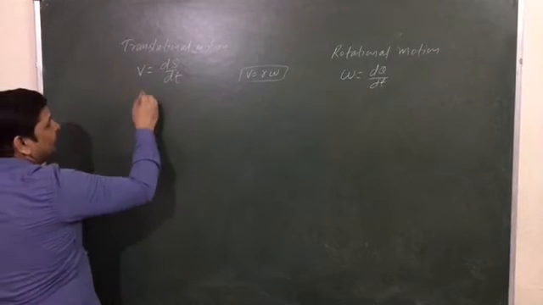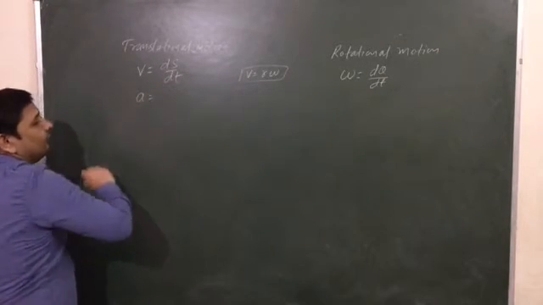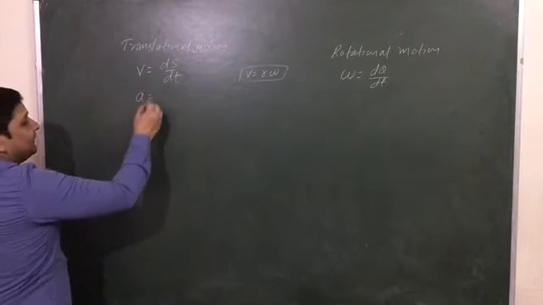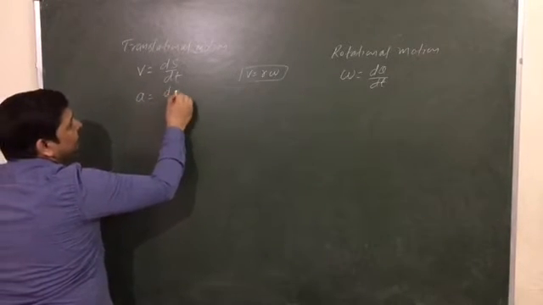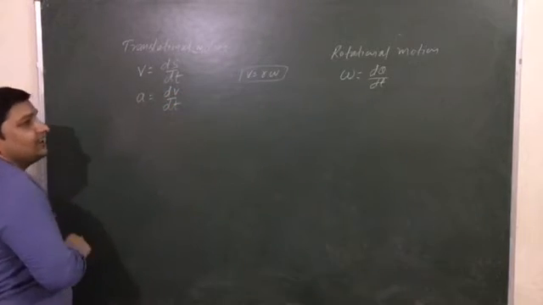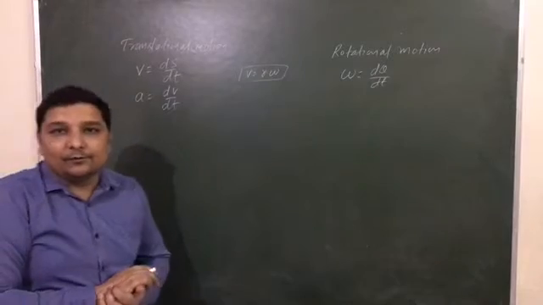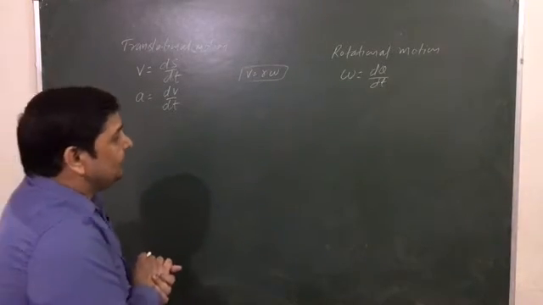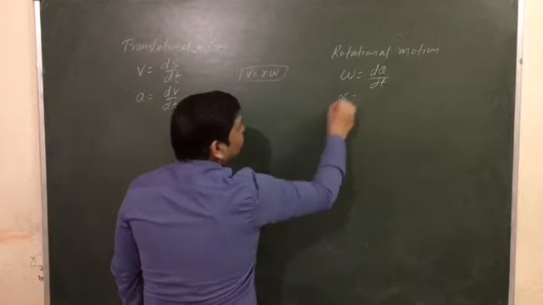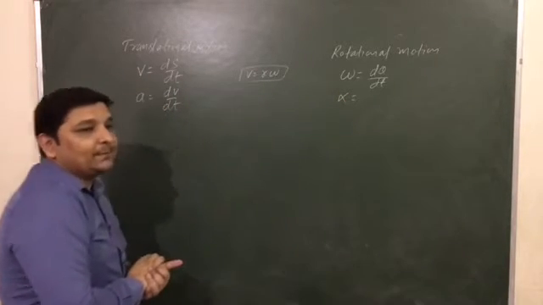In translational motion, we use linear acceleration, and linear acceleration is given by dv by dt, the rate of change of linear velocity. On the other hand, in rotational motion, we use angular acceleration.